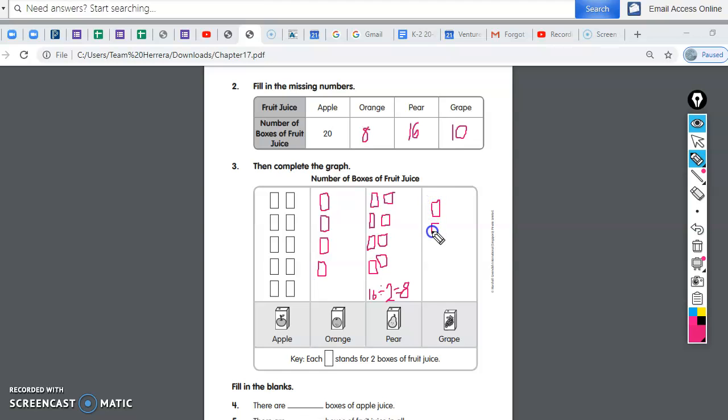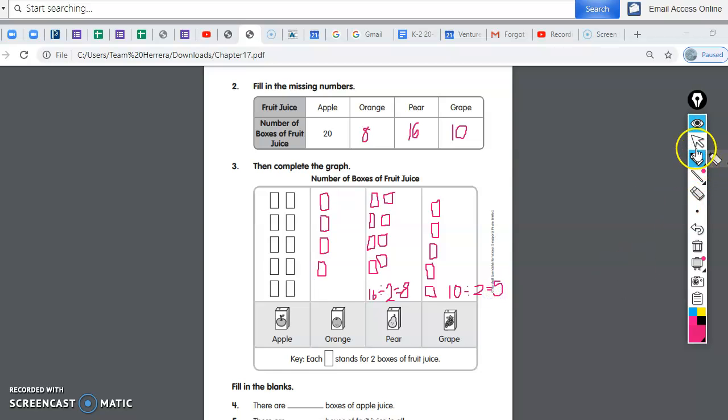So we have 2, 4, 6, 8, 10. So we had a total of 5. So again, if we were looking at it like an equation, you could take 10, divide it by 2, and that would give you your 5.